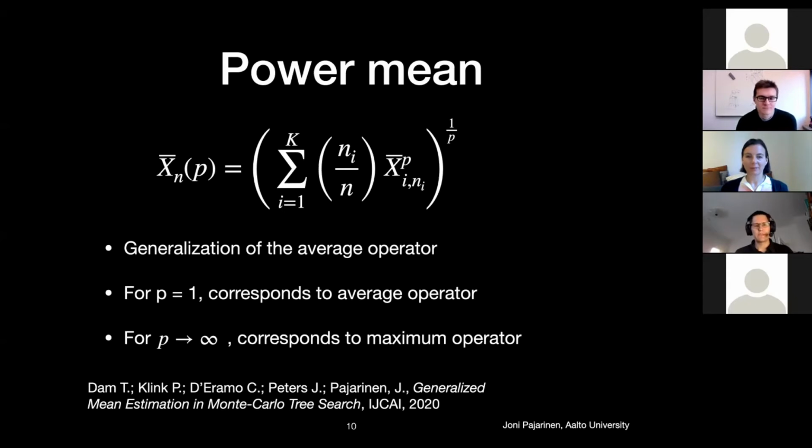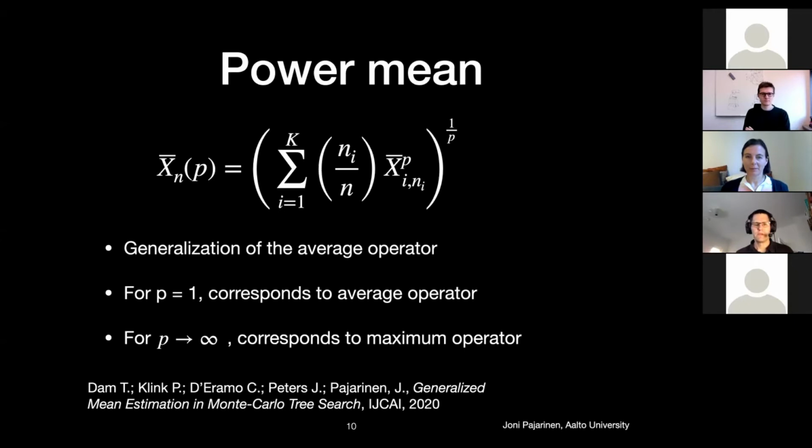But basically the main properties of this operator are that for p equal to 1, it corresponds to the average operator, so it's just the mean. But when p goes towards infinity, it corresponds to the maximum operator.